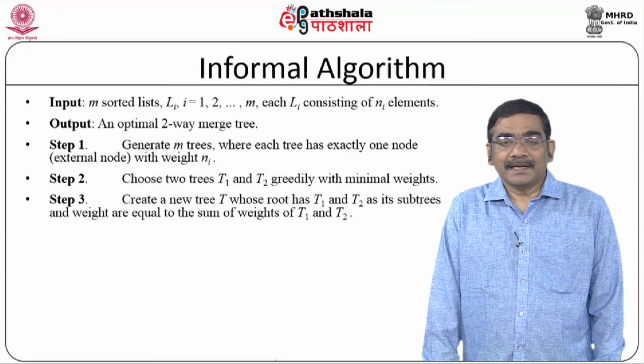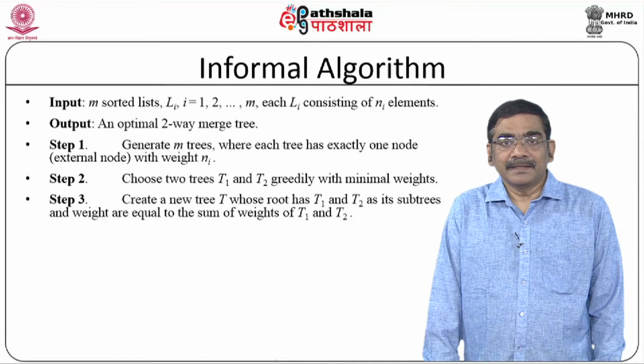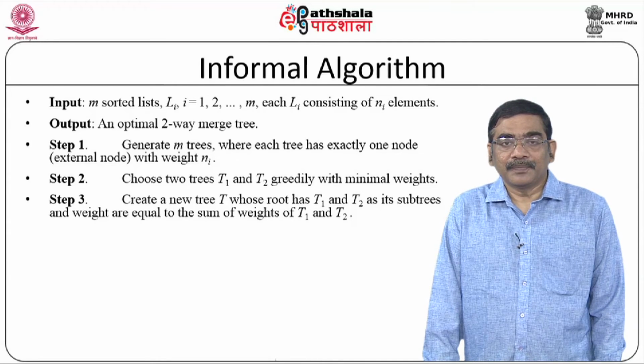Once we select the nodes, then we can generate a new node by creating a new tree, where T1 is going to be the left subtree and T2 is going to be the right subtree, and the new node is going to be represented by the sum of the weights of T1 and T2. So, this is going to be your internal node.